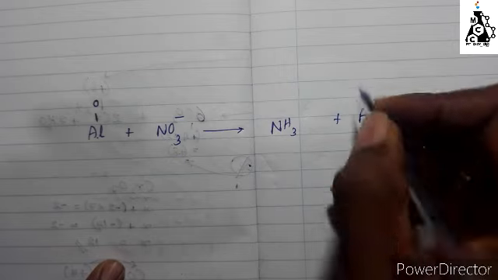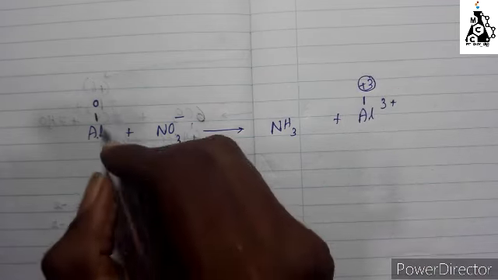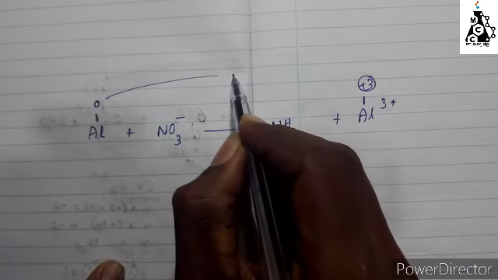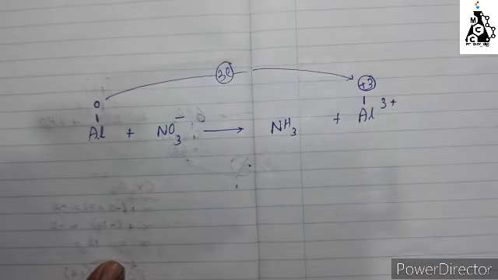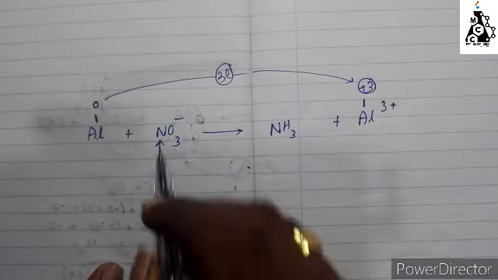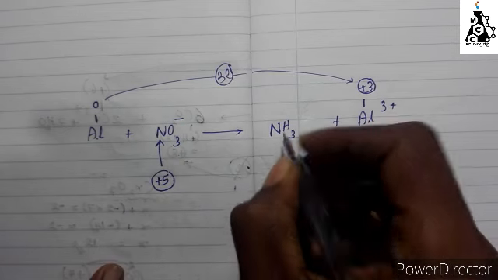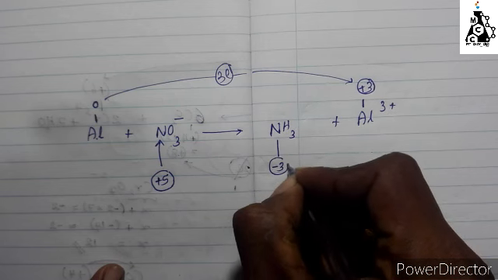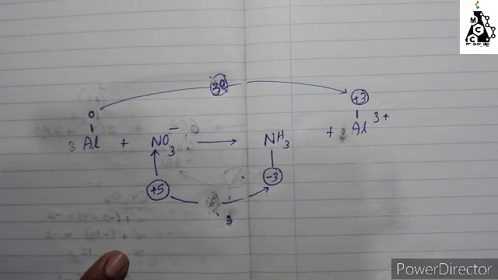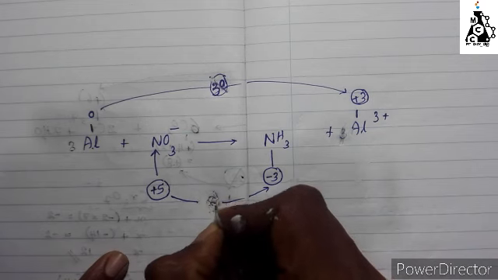Here the oxidation number is +3. The difference between those two is 3 electrons. The oxidation number of nitrogen here is +5. It will reduce to -3. And the oxidation number difference between NO3- and NH3 is 8.